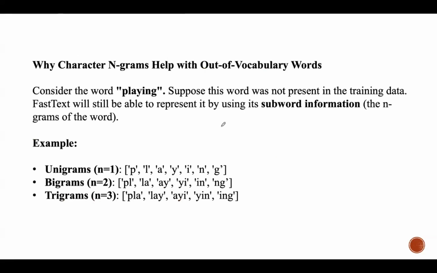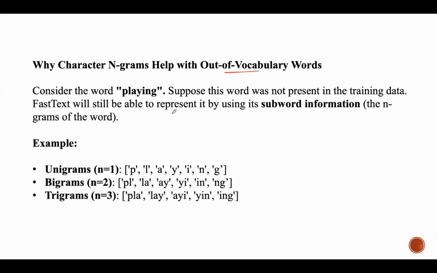So why do character n-grams help in out of vocabulary words? FastText, as mentioned earlier, represents each word as a set of character n-grams. So this allows FastText to generate embeddings even for words that were never seen during training, which is nothing but an out of vocabulary word.